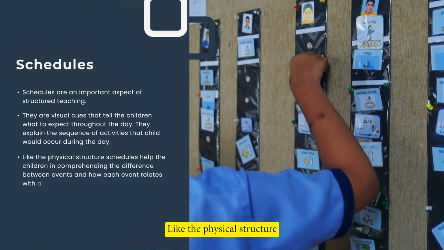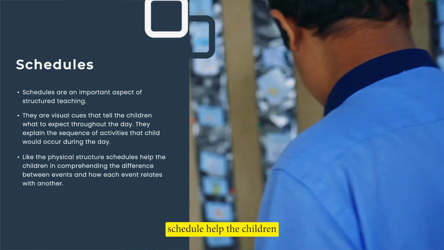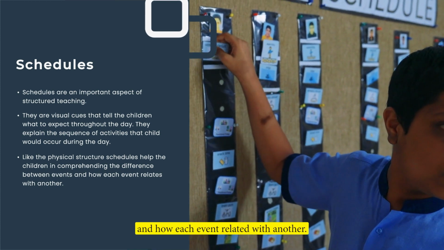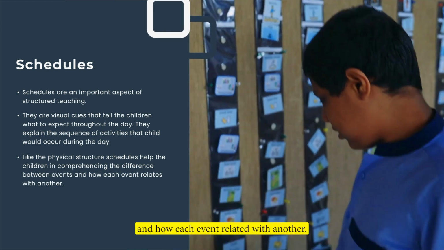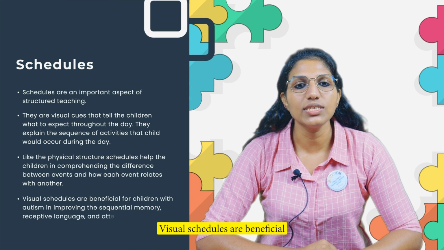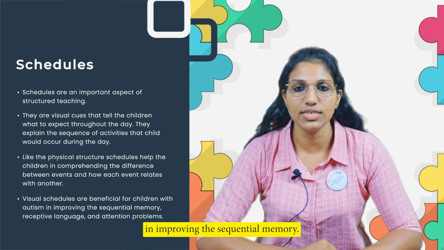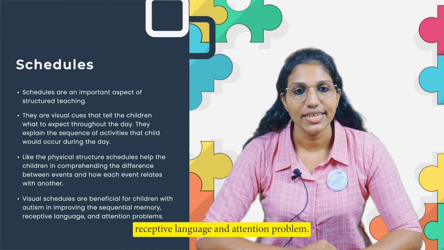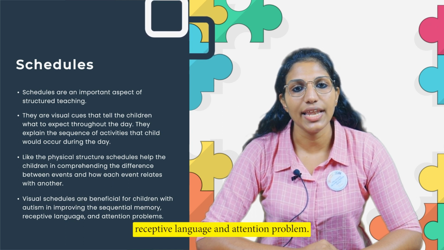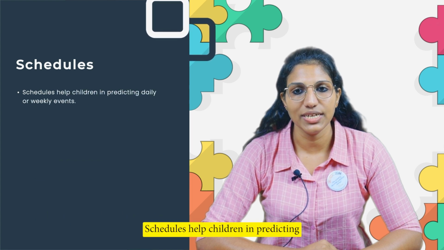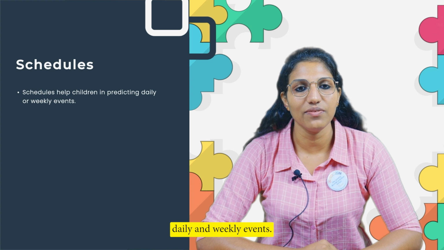Like the physical structure, schedules help the children in comprehending the difference between events and how each event relates to another. Visual schedules are beneficial for children with autism in improving sequential memory, receptive language, and attention problems. Schedules help children in predicting daily and weekly events.